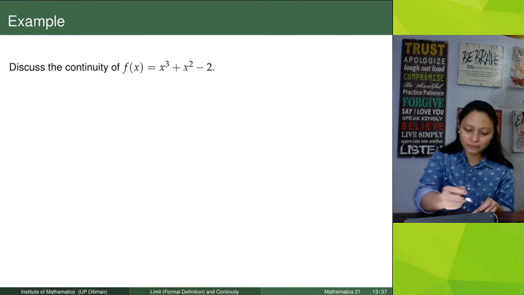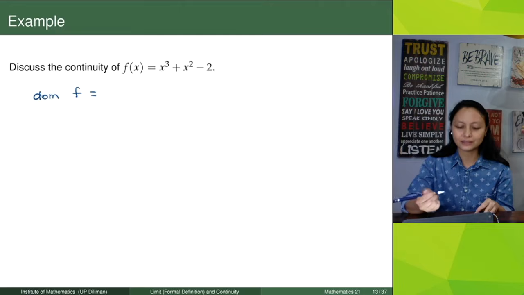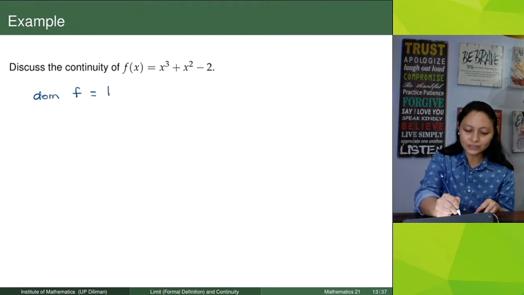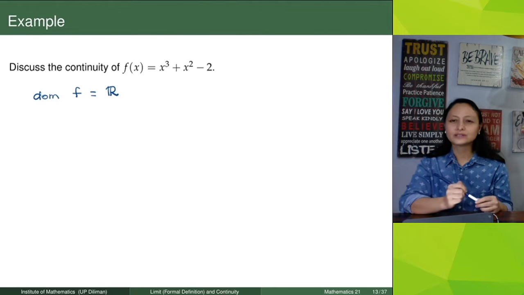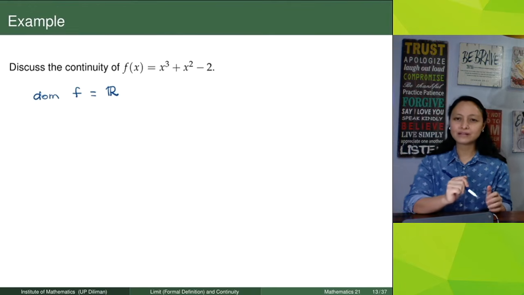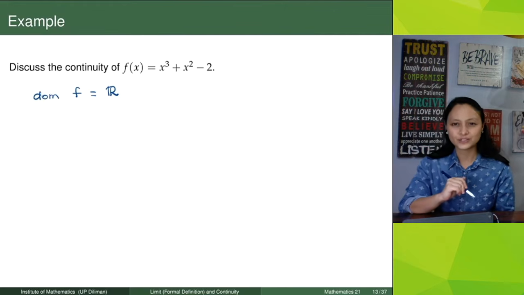Okay? Ano ba yung domain ng f? Take note, ang function natin ay polynomial function. Ang domain ng polynomial function is the set of all real numbers. Okay? So, walang number or walang value ng x kung saan magiging undefined yung function.